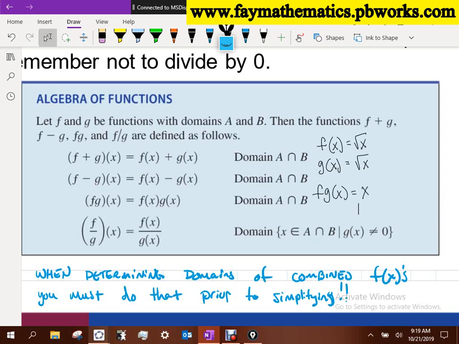Does that make sense? The way we read this, it says x, your domain, your x values, are elements of A intersect B. Well, A intersect B was a domain, right? So x is an element of that domain such that g of x cannot be 0. Okay? So your function g of x is not allowed to be 0.